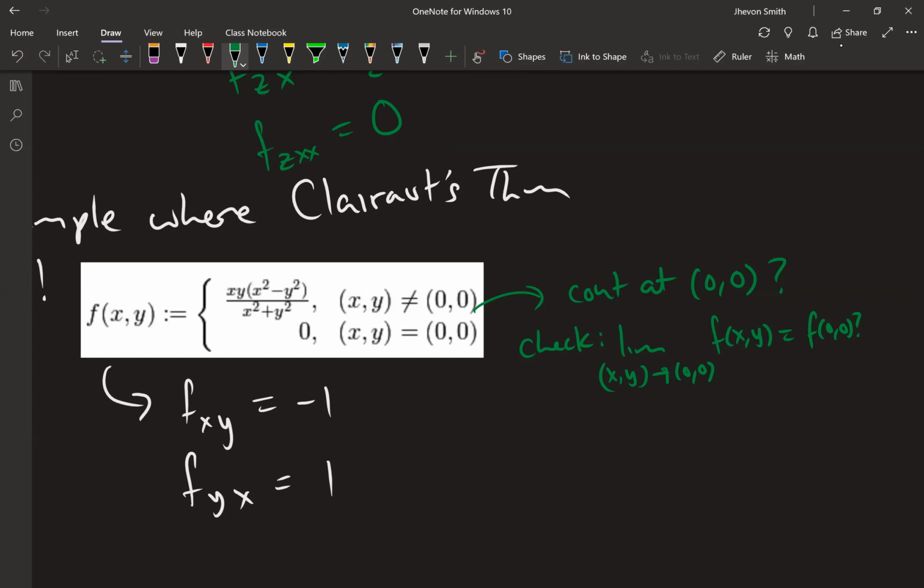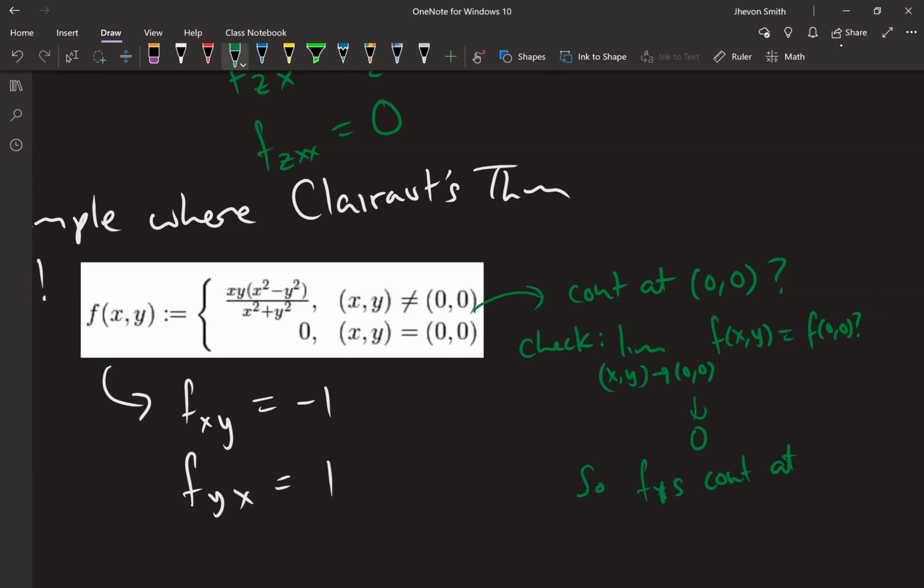You'll notice that from the numerator, you can factor out an r to the 4th, and from the denominator, an r squared. Then you'd get an r squared on top times a constant, divided by a constant. r is going to 0, so this limit is actually 0. So f is continuous at 0.